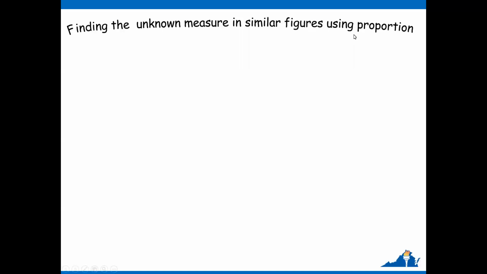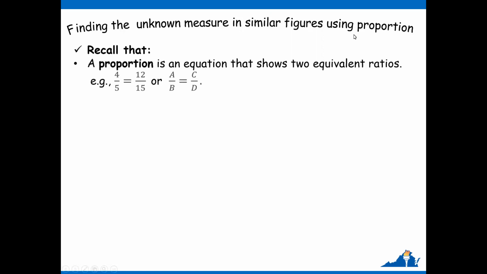Finding the unknown measure in similar figures using proportion. Recall that a proportion is an equation that shows two equivalent ratios, e.g. 4/5 is equal to 12/15, or A/B is equal to C/D.